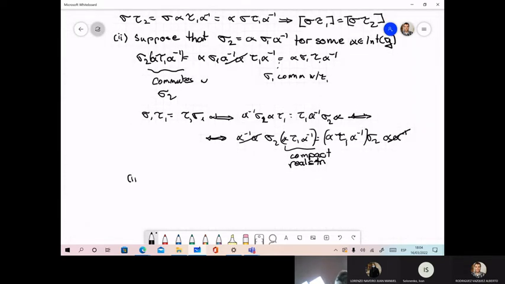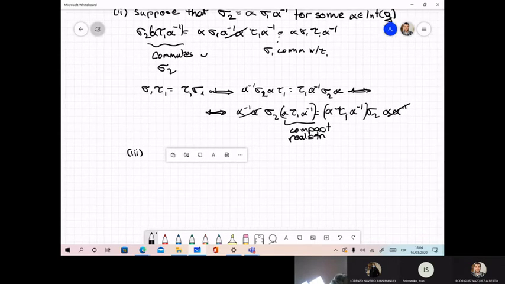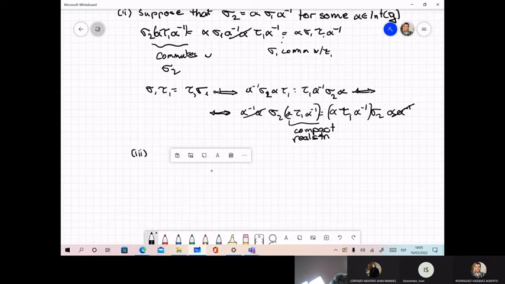And now we see that this is injective. So how do we, we will see first that it is surjective.